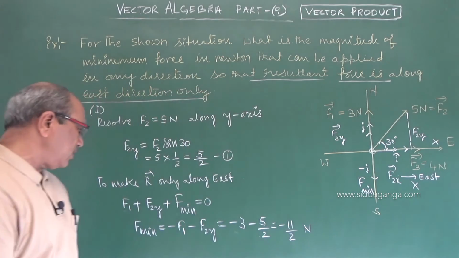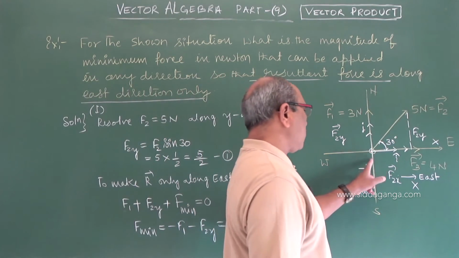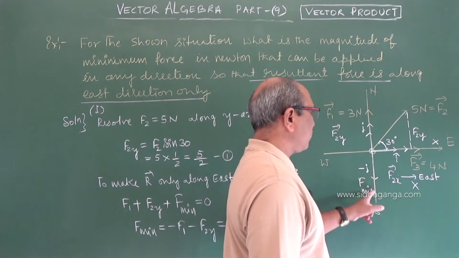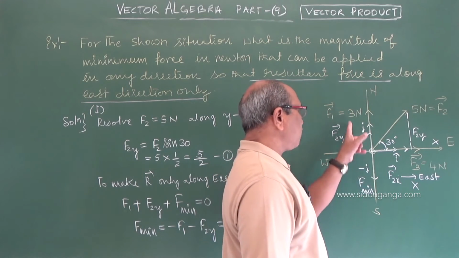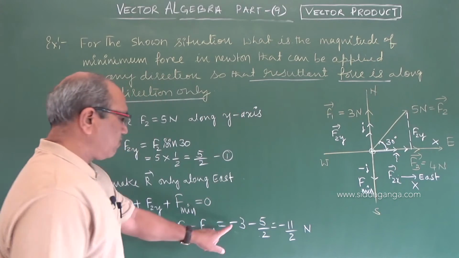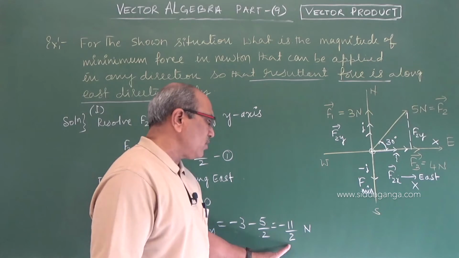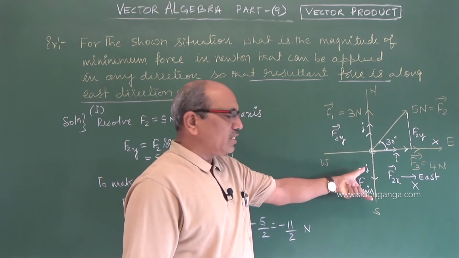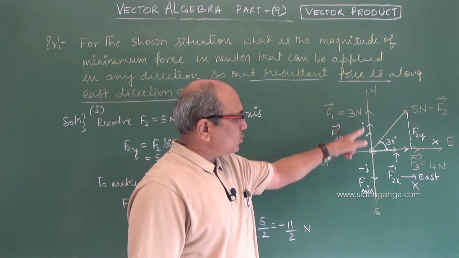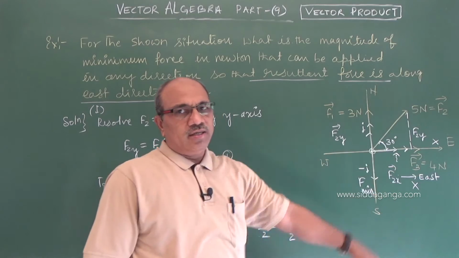The minus indicates that F minimum is applied in the opposite direction. If applied in this direction, the sum of these two is plus, actually: 3 twos are 6 plus 5, 11 by 2. But we apply it in the opposite direction, so these two get cancelled and only the force in the east direction remains.